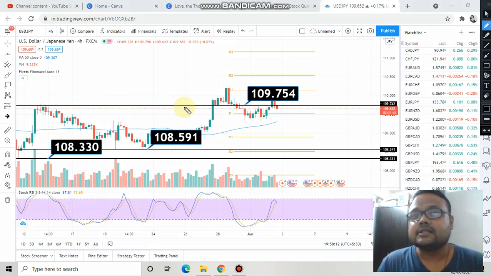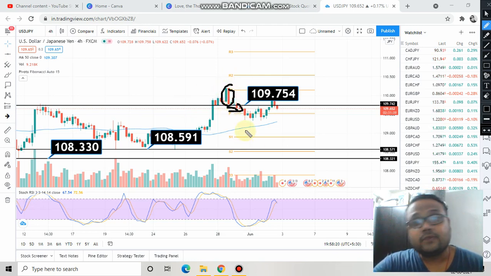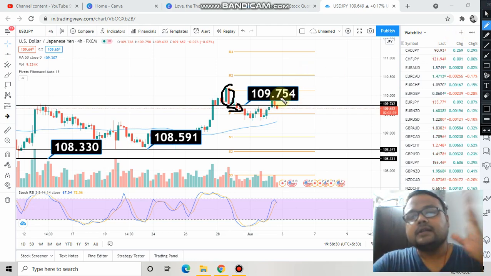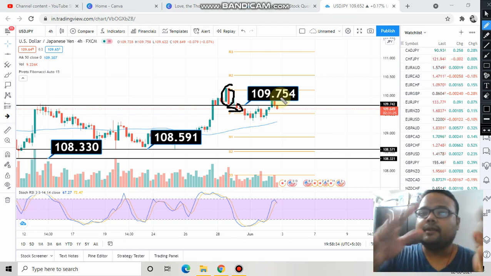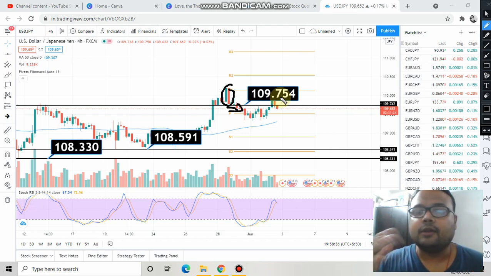So resistance could not become the support, and as a result this big red candle happened, and market came down. That's why confirmation is important. After that market went up again today, but again market failed to sustain above the resistance, and again market came down, and right now market is trading below the resistance level.